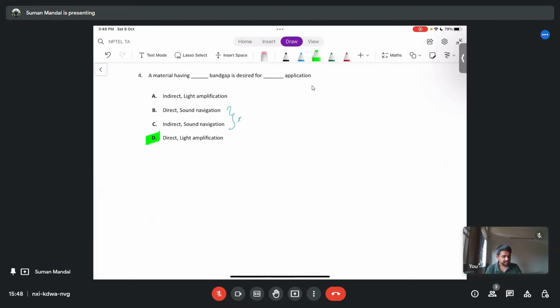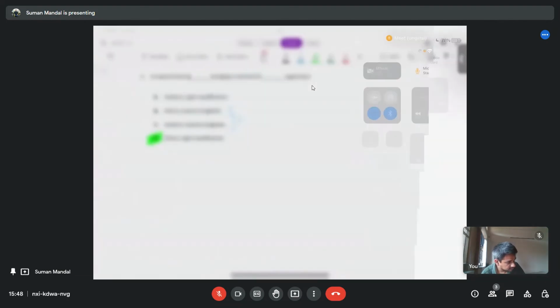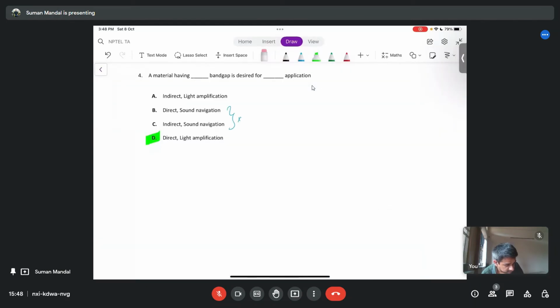Direct, because as we had discussed earlier in the second question, indirect requires both photon and phonon, photon for energy, phonon for momentum.